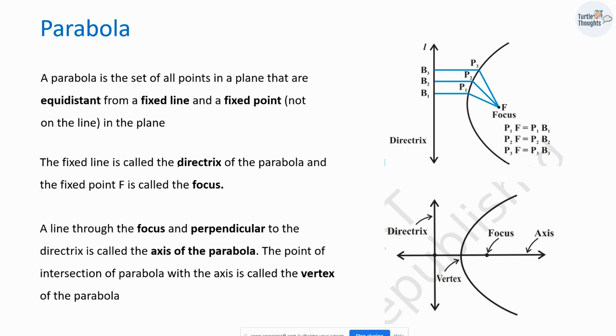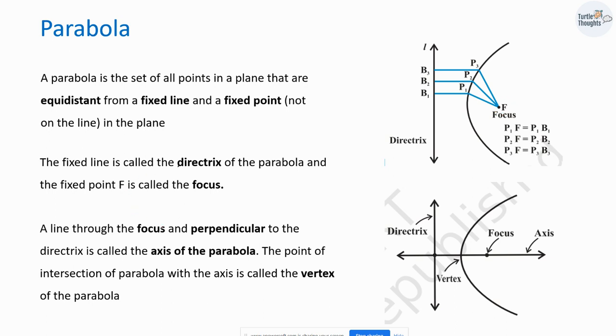Parabola is the set of all the points in a plane that are equidistant from a fixed line and a fixed point. The fixed line is called the directrix of the parabola, and the fixed point is called the focus of the parabola.